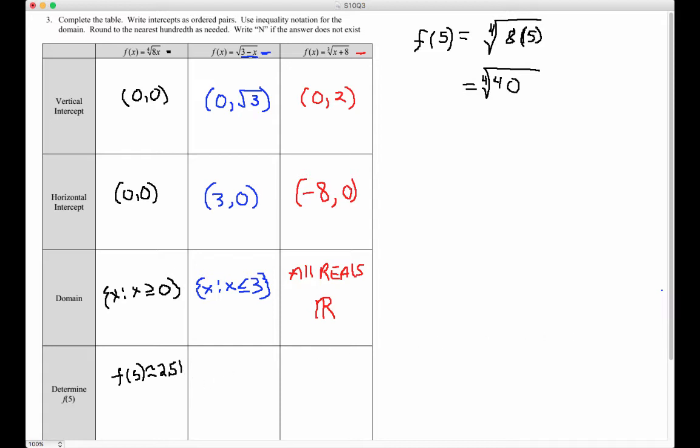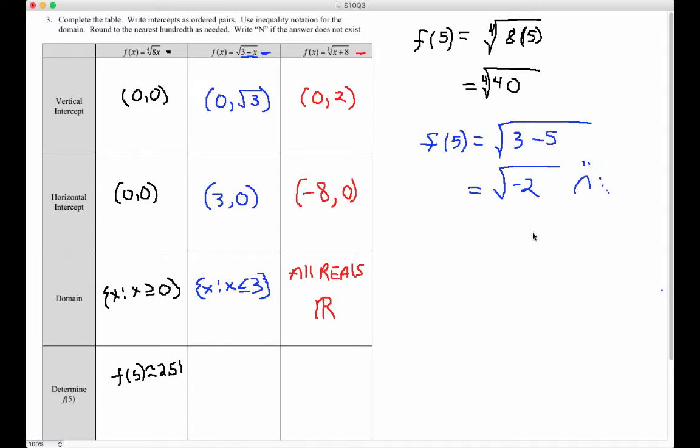Okay, so let's go do the blue problem. So let's go take a look at what 5 would be in this one. Okay, so we have f of 5 is equal to the square root of 3 minus 5, which gets me the square root of -2, and you go, that's not working for me.